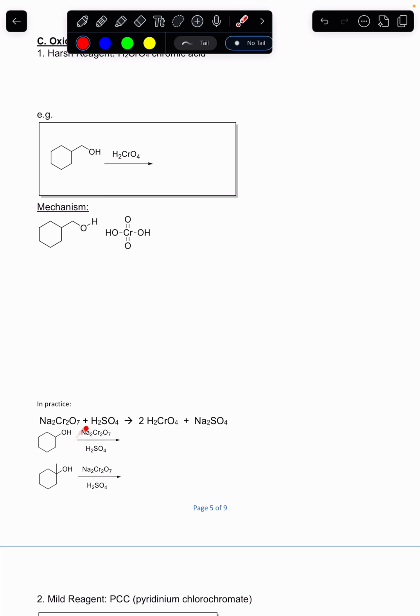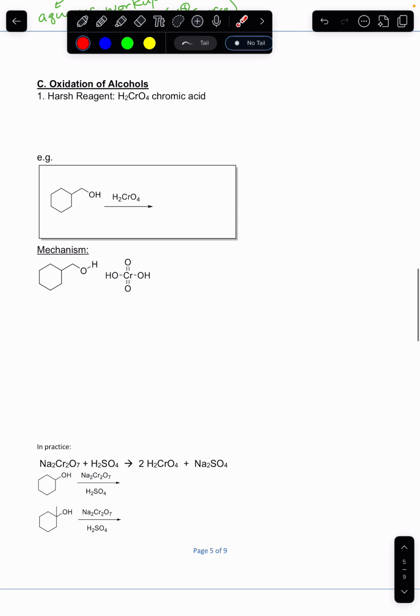So sometimes the reagents are written like this, but what's actually being used is chromic acid, H2CrO4. Okay, so with that caveat, let's get into this.